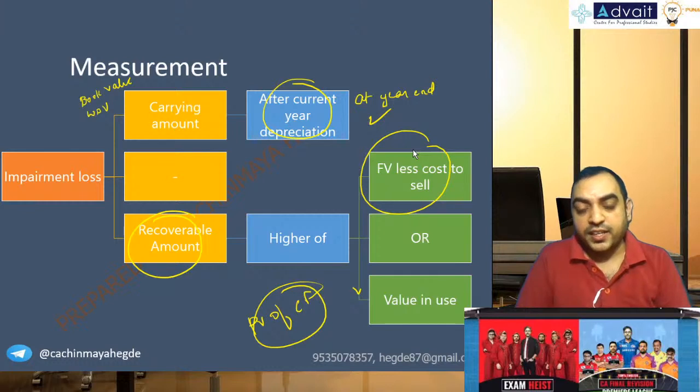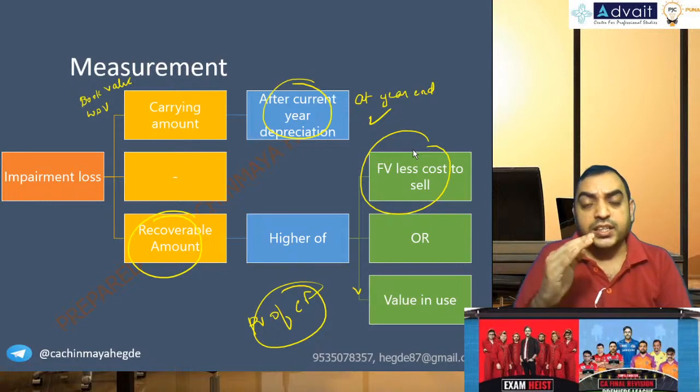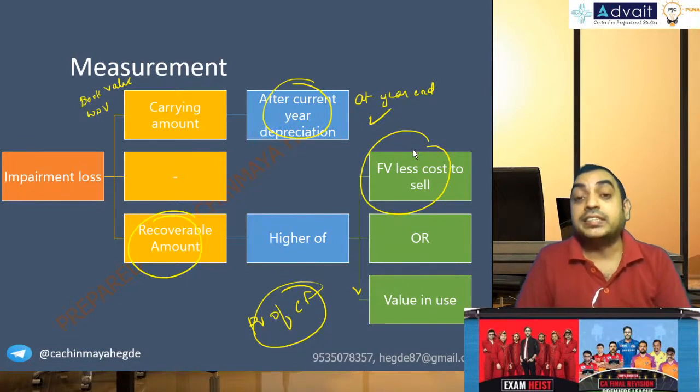WACC is the discounting rate. It can be the WACC rate, it can be the incremental borrowing rate, or when you calculate foreign currency cash flows, an adjusted discounting rate. That is left to the management to decide, appropriate for their business.